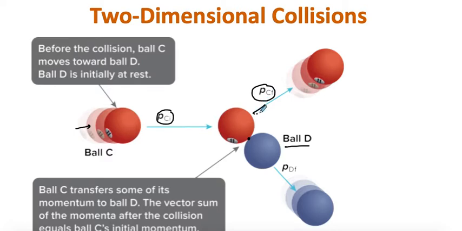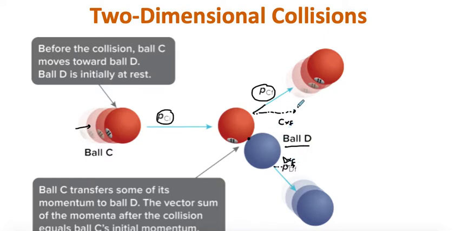So if we look at vector components here, so let's call this Cx final, and then we have this for ball D that has a momentum after it was struck, and then that one's going to have that x component, so let's call that D sub x final.